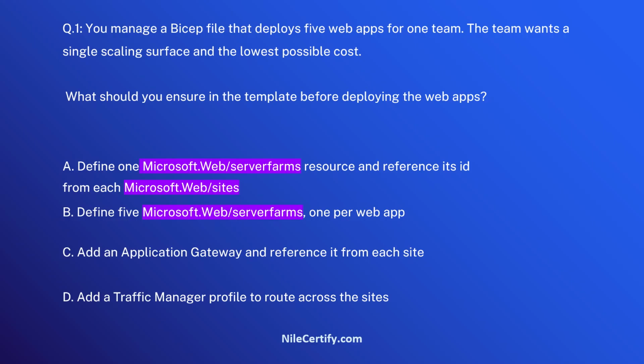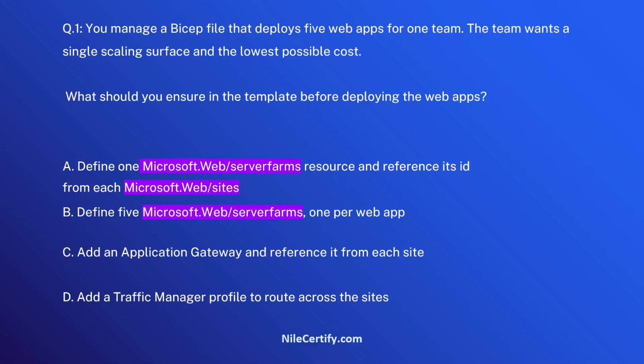And lastly, Microsoft.Web/sites are the actual web apps, which attach to an App Service plan via the server farm ID. So App Service plan equals engine, and you can think of the web apps as the cars that share the engine. Now let's go and review the options one by one.